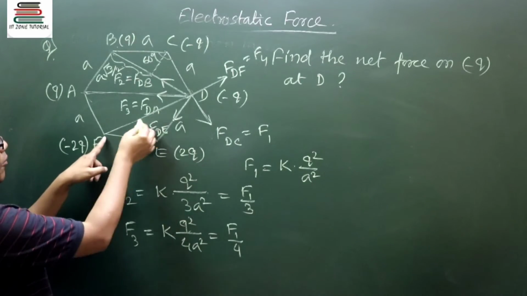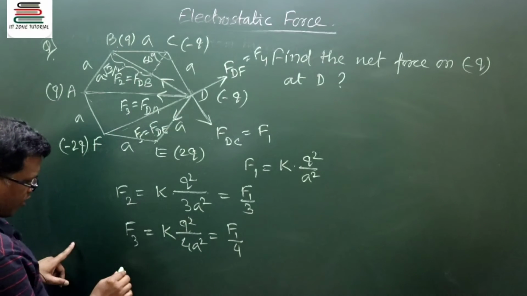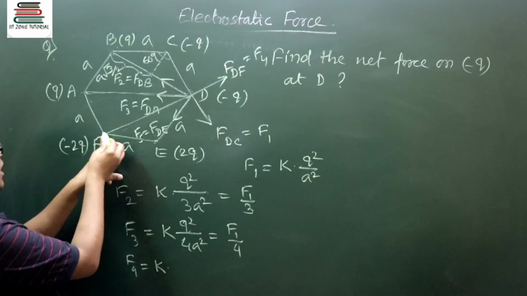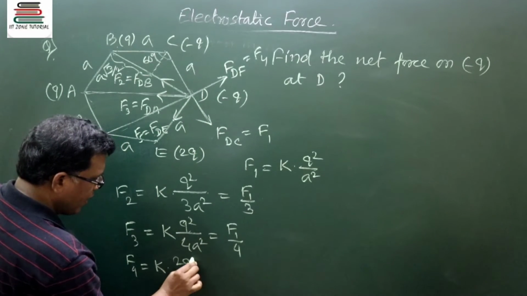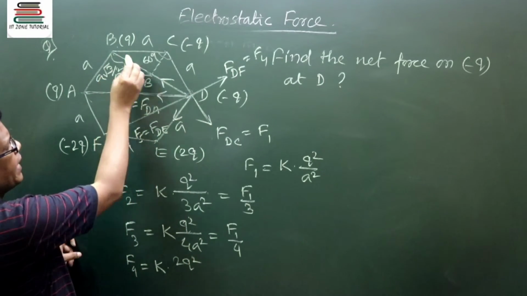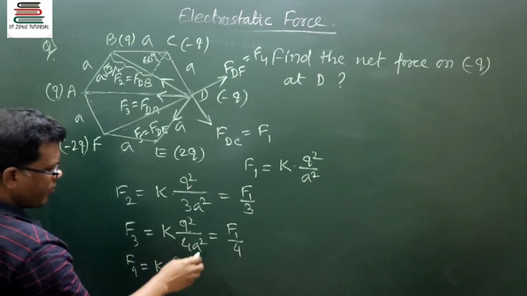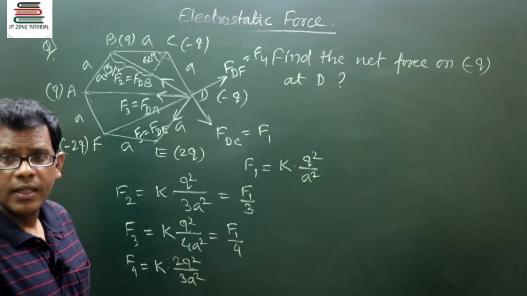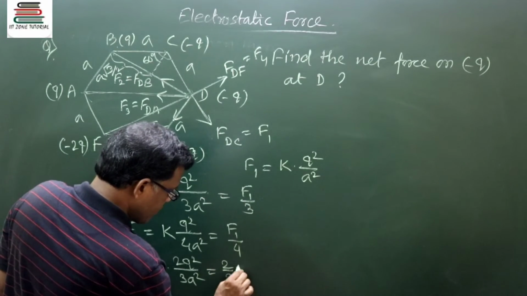Now in the case of F4, it will be K, and the interacting charge magnitudes are 2Q and Q, so it will be 2Q square, and the distance between F and D will be as good as that between B and D. BD was root 3A, so this will also be root 3A, its square being 3A square, got my point.